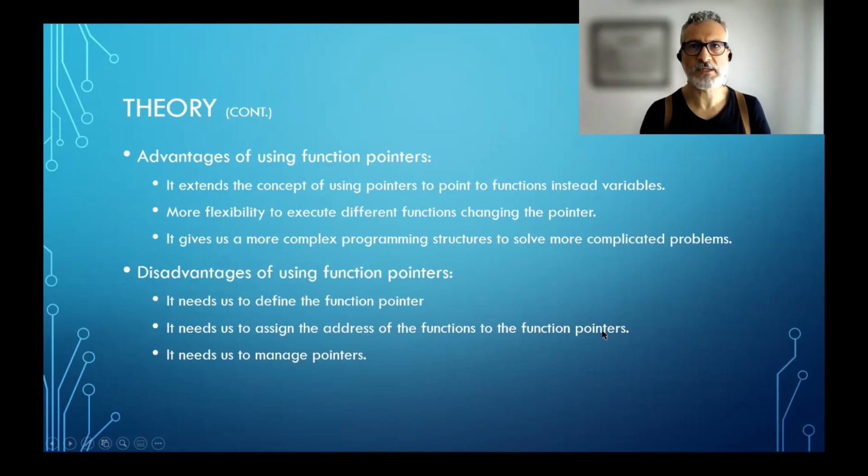Okay, the function pointers have to know the address to point to the function to be invoked. It needs us to manage pointers. Obviously, when we have pointers, we have to take care of them and manage them in the right way, because otherwise they won't work.